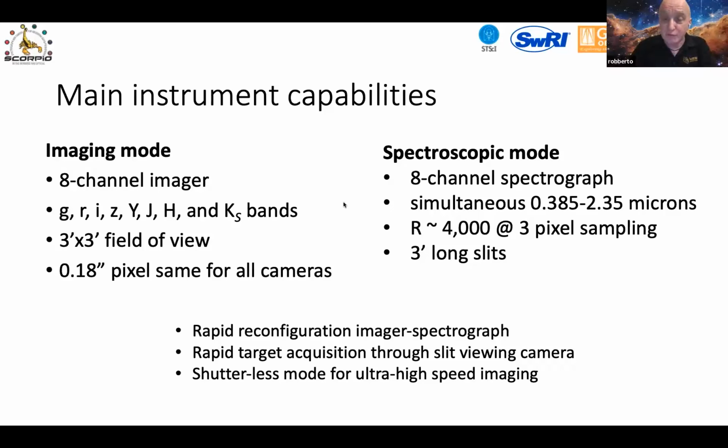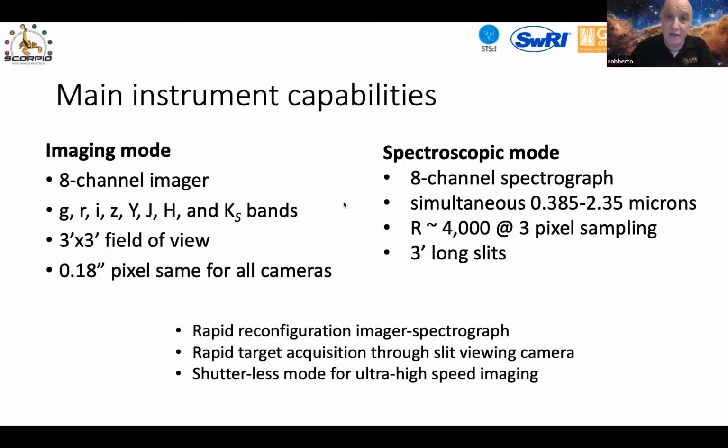The resolving power is 4,000 when we use the 3-pixel sampling. The 3-pixel wide slit is about half an arcsecond. But we have a narrower one, a 2-pixel, and then a suite of other wider slits that will give you better throughput, of course, at the price of lower resolving power.